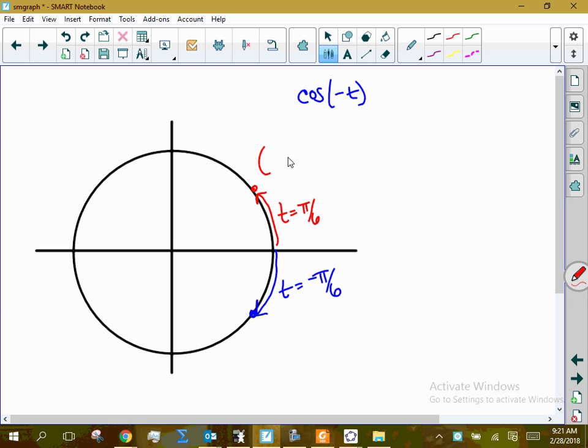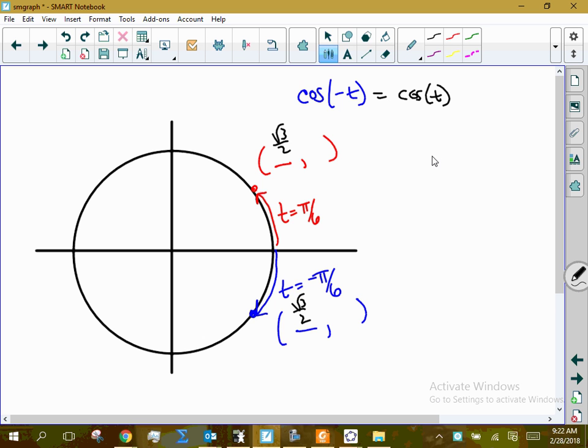How does the x coordinate, because that's the cosine we're interested in, relate for the red compared to the blue? Those x values should be what to one another? The same. This x value ends up being root 3 over 2, and this one is root 3 over 2 as well. They're the same, right? So the cosine of a negative angle is the same as the cosine of the positive angle.